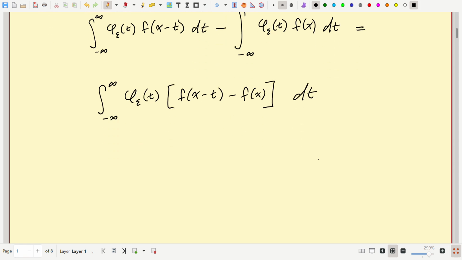And I claim that this goes to 0, and in fact uniformly in x, as epsilon tends to 0.